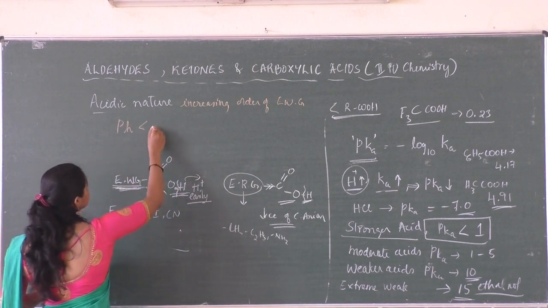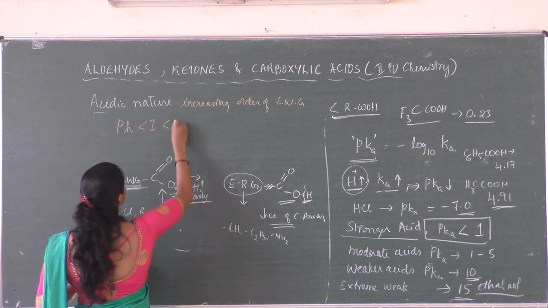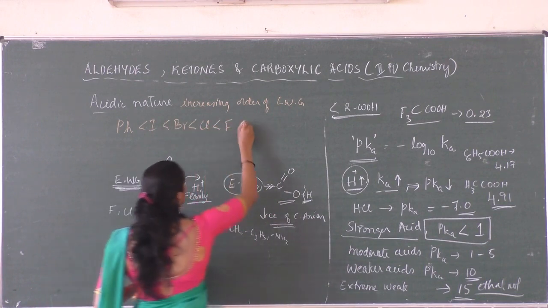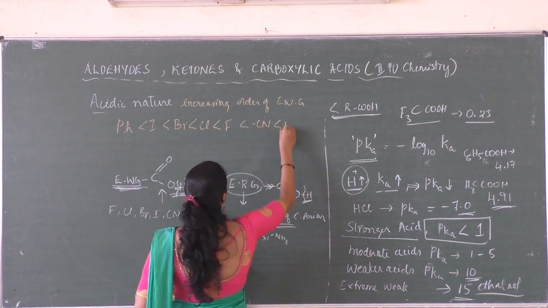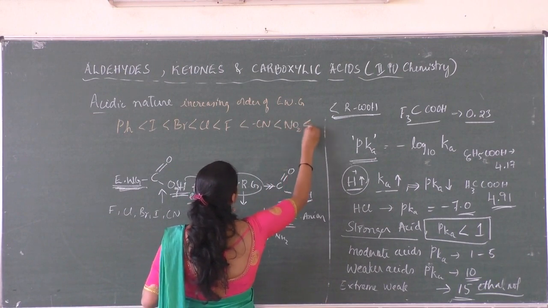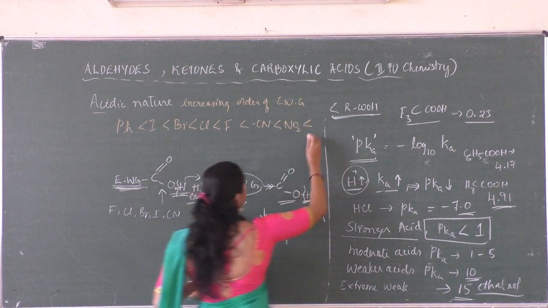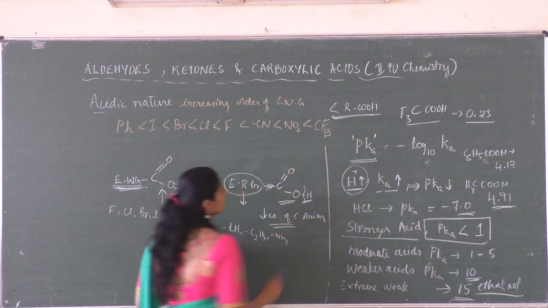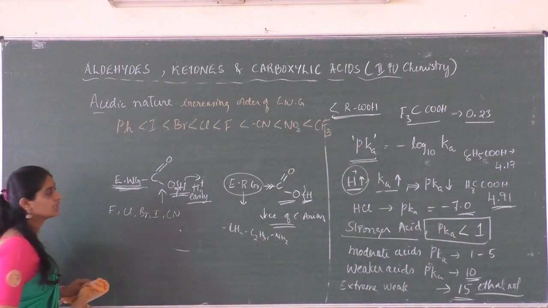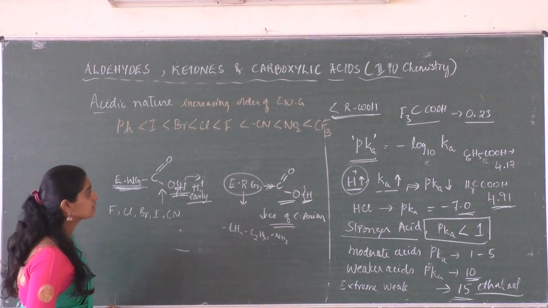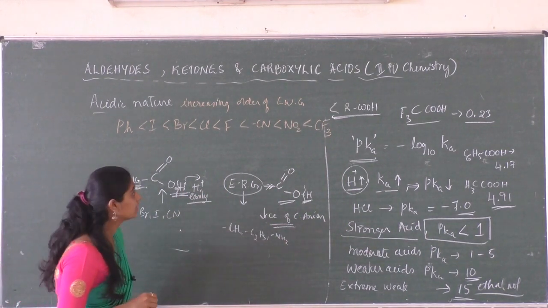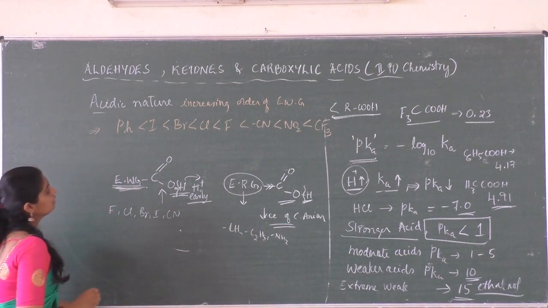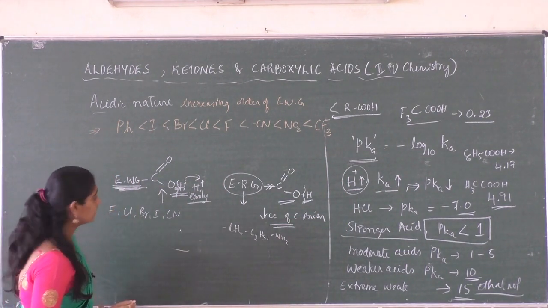Phenyl, then it is iodo, then comes the bromo, then chloro, then fluoro, and then cyano, then nitro, and the most electronegative group is CF3, that is carbon which is attached with the 3 fluorine atoms. So let us see one by one.